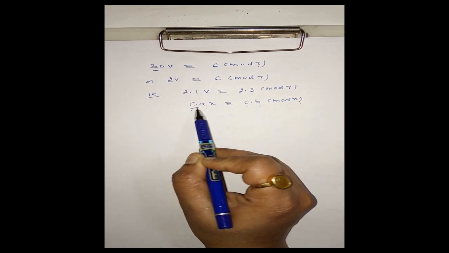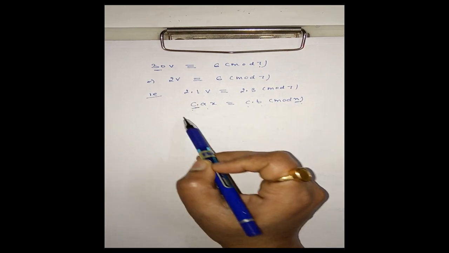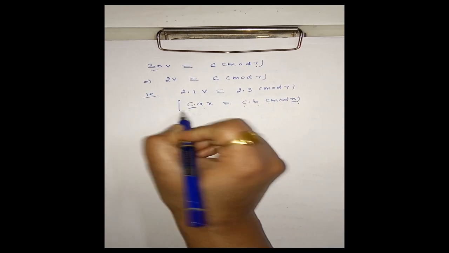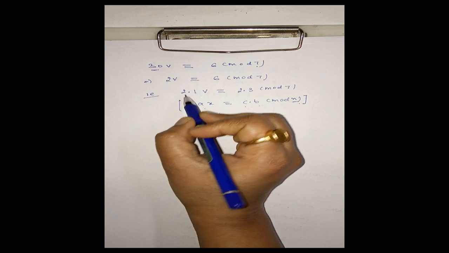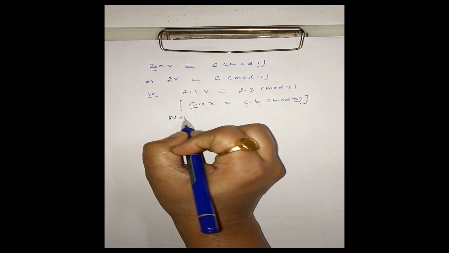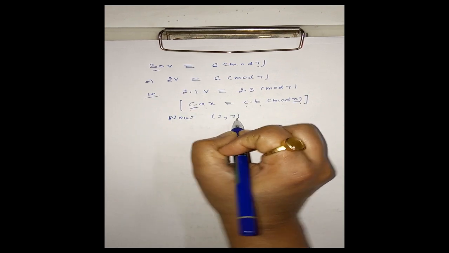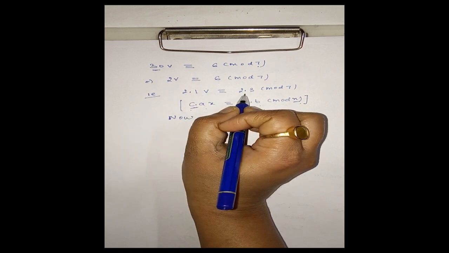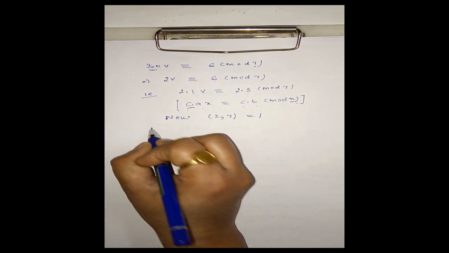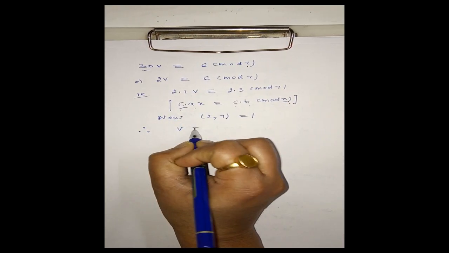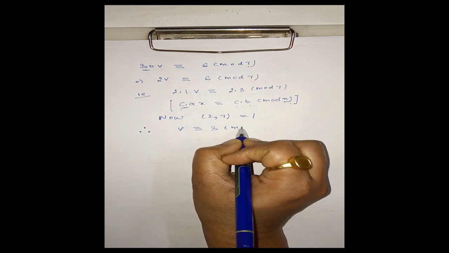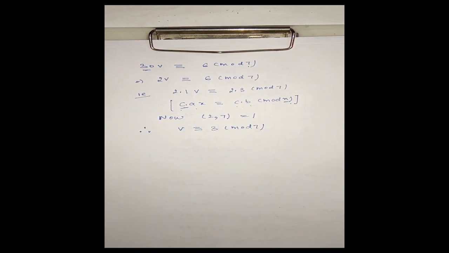Now, if GCD of C and n is 1, then we can cancel out C. This was the result we have already done. GCD of 2 and 7 is 1. Therefore, we can cancel out 2 from both sides. Therefore, we have v is congruent to 3 modulo 7.